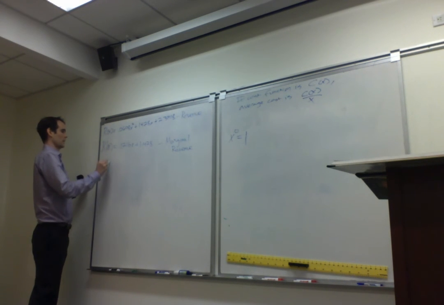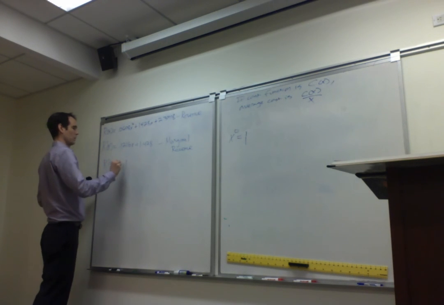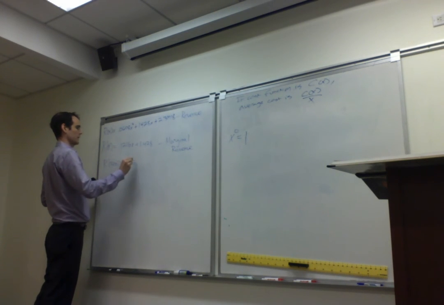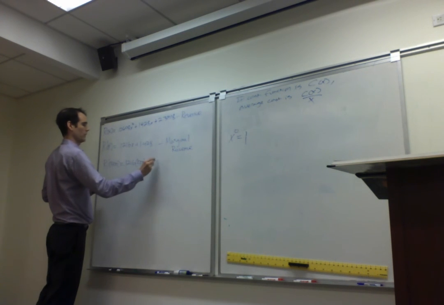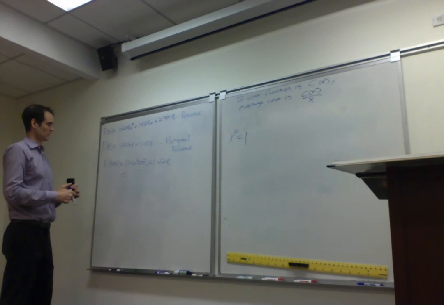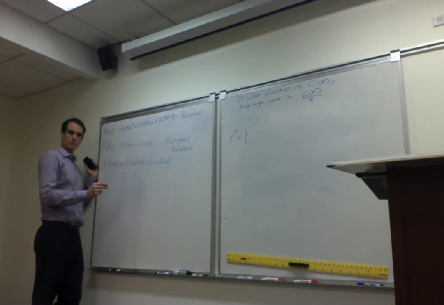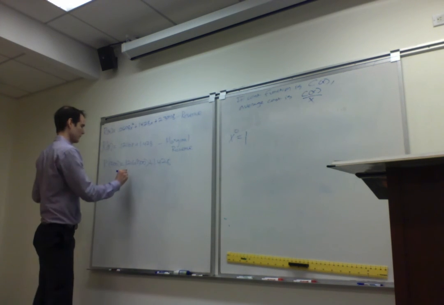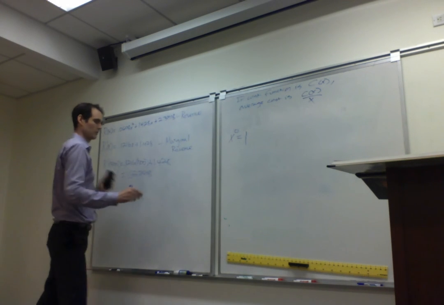R prime 500 equals 0.1216 times 500 plus 1.428. Someone want to crank that out for me? $62.228.